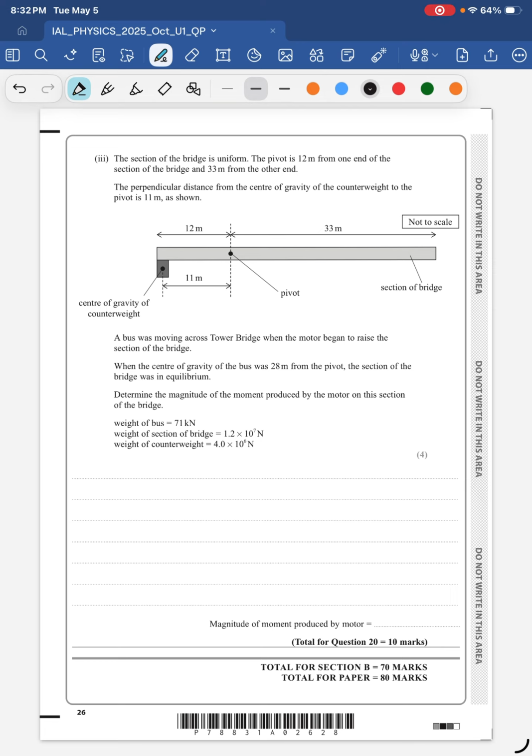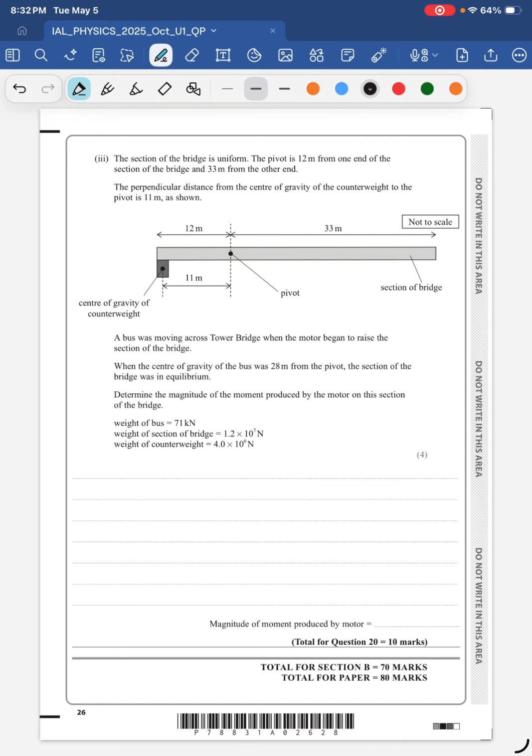When the center of gravity of the bus was 28 meters from the pivot, the section of the bridge was in equilibrium. Determine the magnitude of the moment produced by the motor on this section of the bridge. Okay, and they give us the weight of the bus, the weight of the section of the bridge, and the weight of the counterweight.